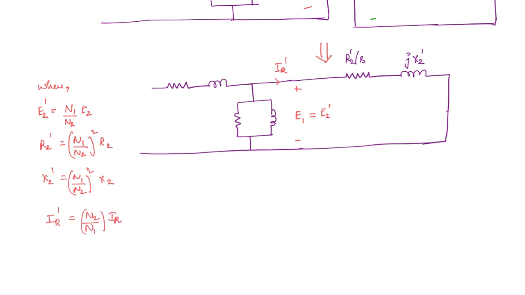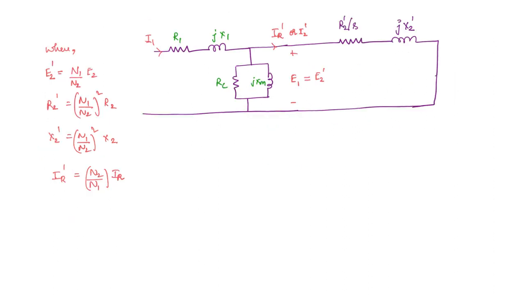The rest of the parameters are as they are: R1, jX1, RC and jXM. This you can also write as I2 dash, for uniformity. The stator side current you will represent as I1. So this is the final equivalent circuit of the induction motor.